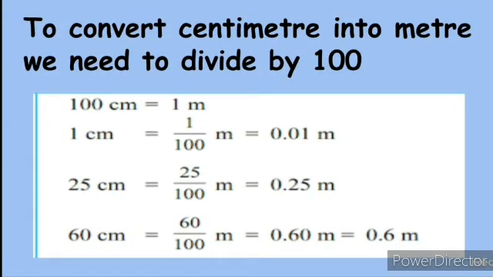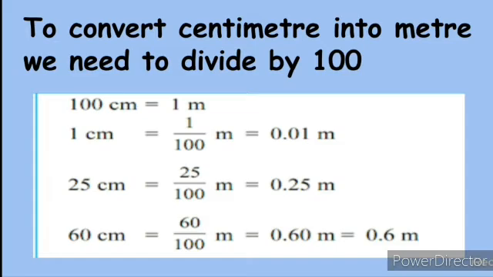Now we will see how to convert centimeter into meters. So what do we need? We need to divide by 100. Students, you all know 100 centimeter is equal to 1 meter. Centimeter to meter we need to divide by 100.